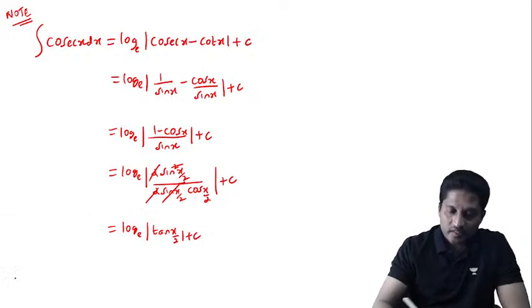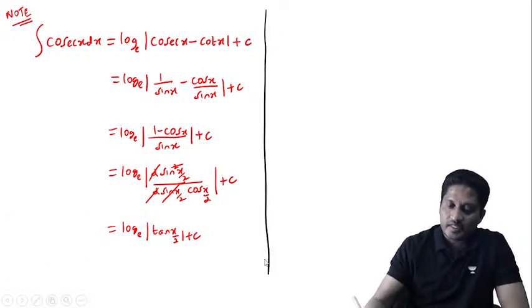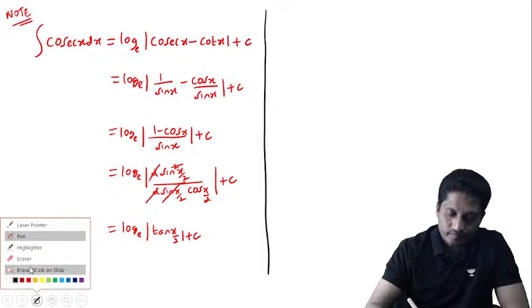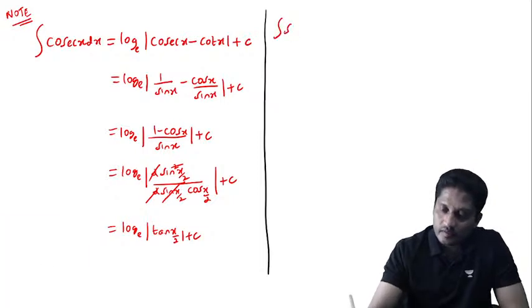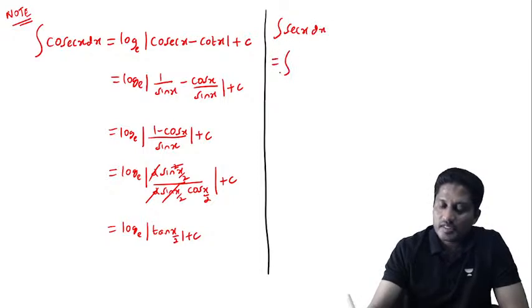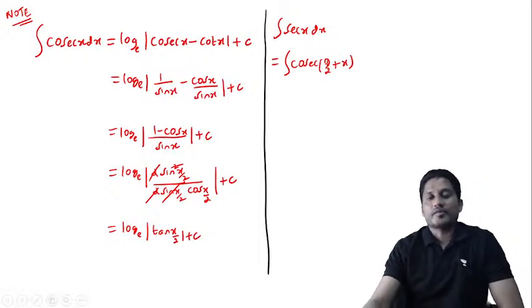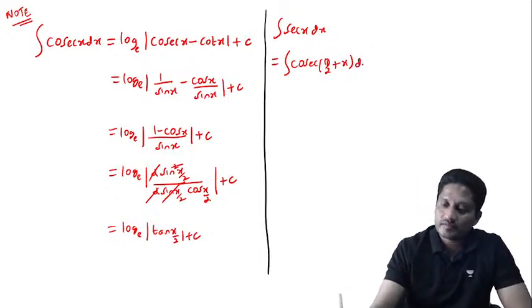Alright, similarly, suppose I have integration of sec x. Sec theta can be written as cosec of 90 plus theta, right? Cosec of 90 plus theta will be equal to sec theta only.